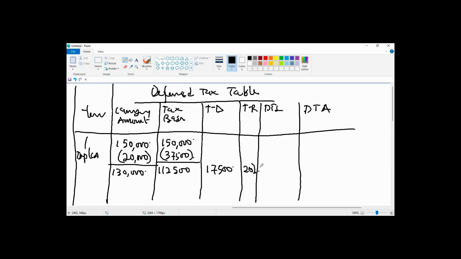Is it a deferred tax liability or deferred tax asset? We said when the carrying amount of an item is greater than the tax base, it will lead to what? Deferred tax liability. Right. Thank you. What is the deferred tax liability we have now? 35.